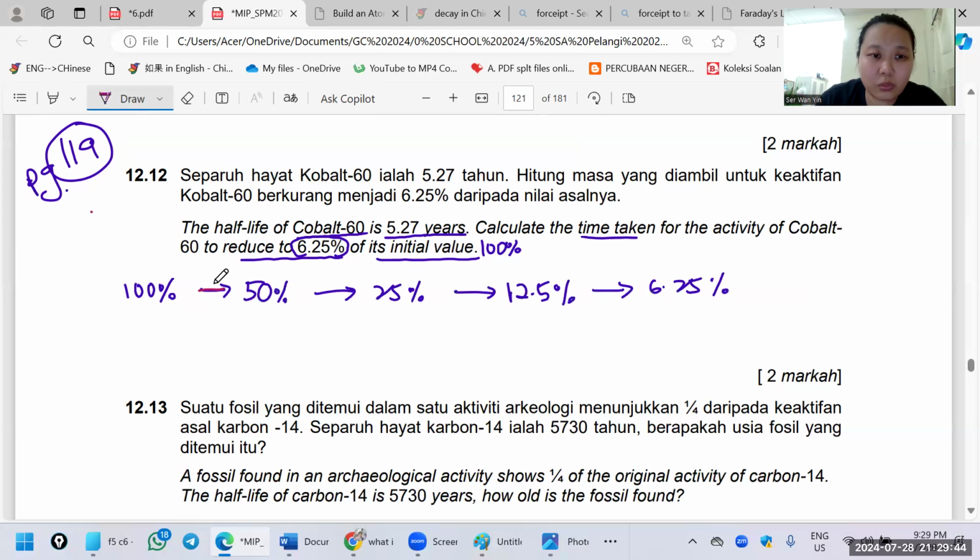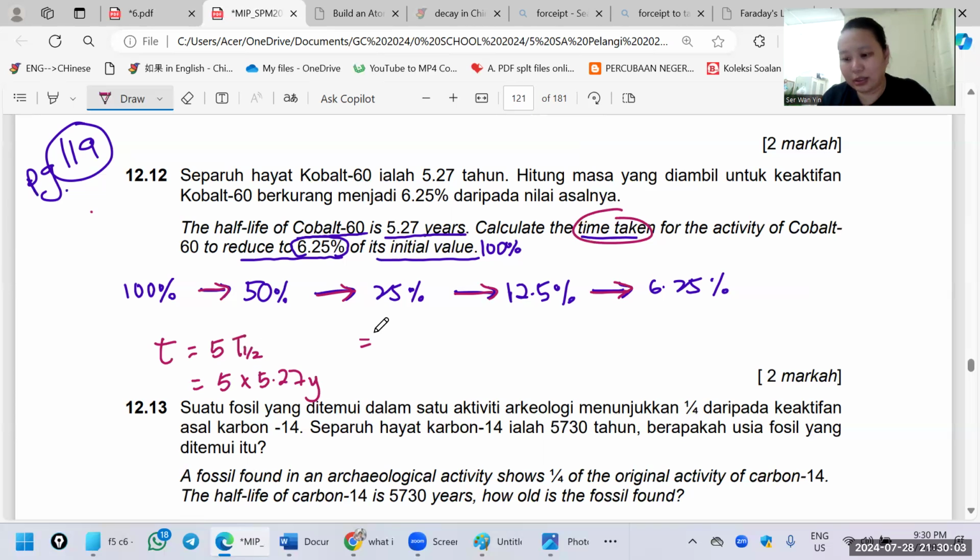Now you get 1 half-life, 2 half-lives, 3 half-lives, 4 half-lives. So your time taken is 4 half-lives, so it's 4 times 5.27 years. It becomes 26.35 years now.